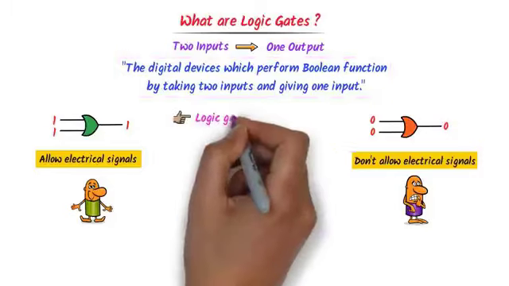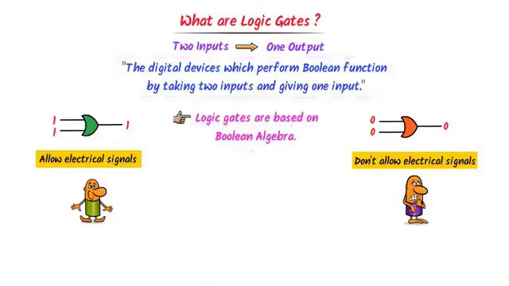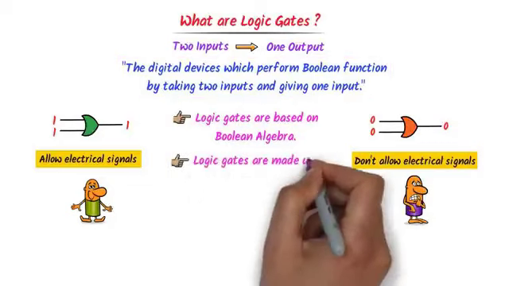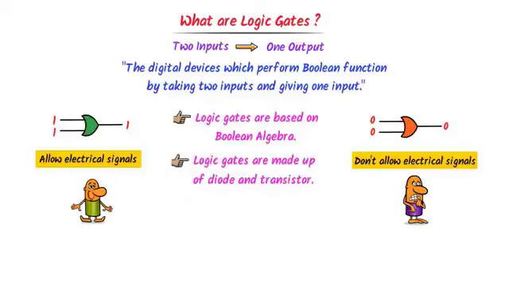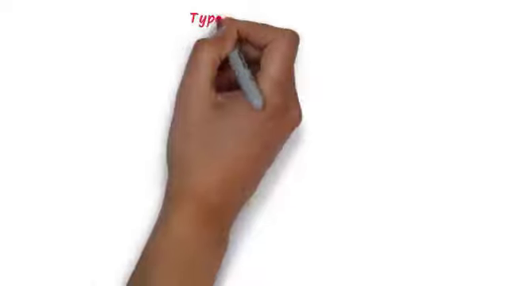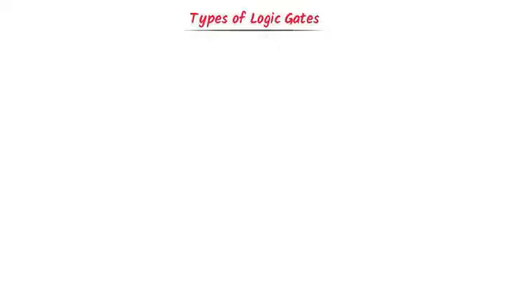Remember that logic gates work on the principles of Boolean algebra. Secondly, logic gates are made up of diodes and transistors. Thus remember that with the help of Boolean algebra, logic gates either allow or block signals in order to enter into the circuit.